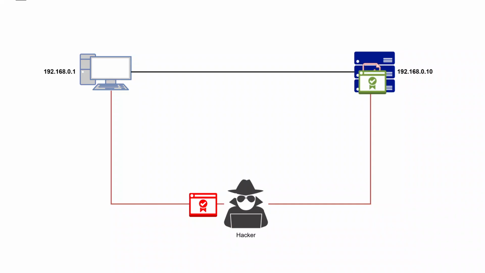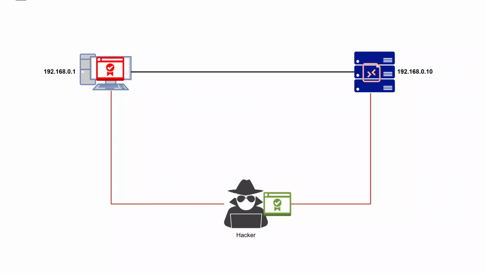In response, the server sends its certificate to the hacker, assuming it is communicating with the client. The hacker intercepts the server's certificate, creates their own self-signed certificate, and sends it to the client. If the client accepts this forged certificate, the hacker will be able to decrypt and monitor the entire RDP communication.